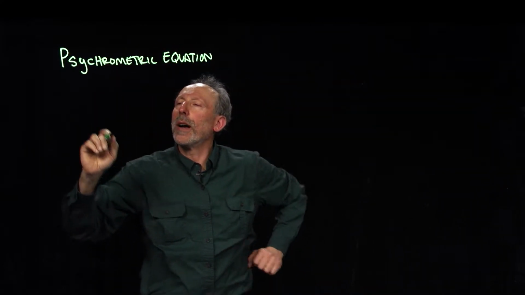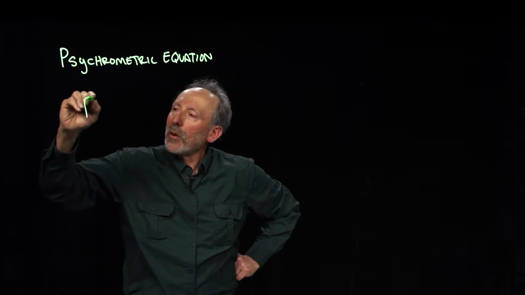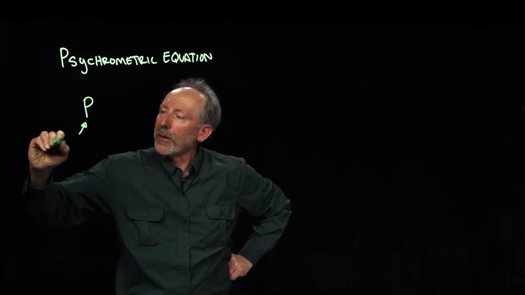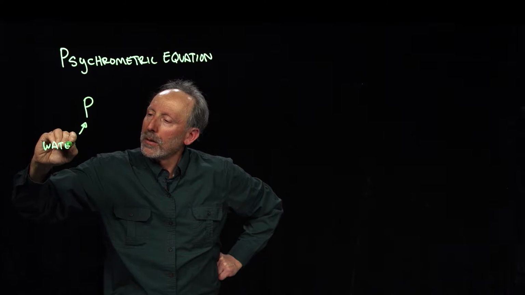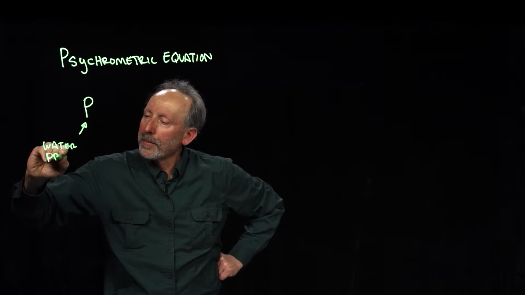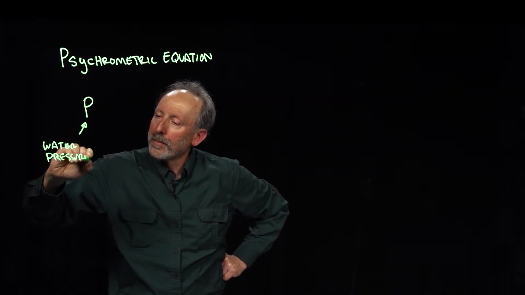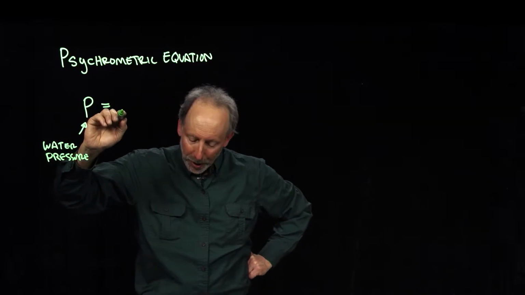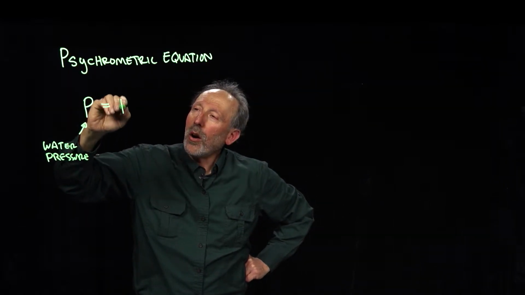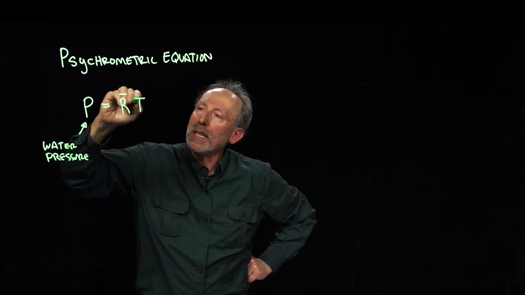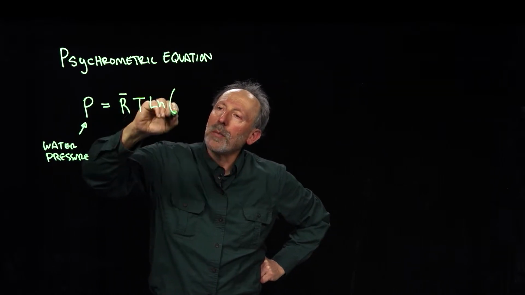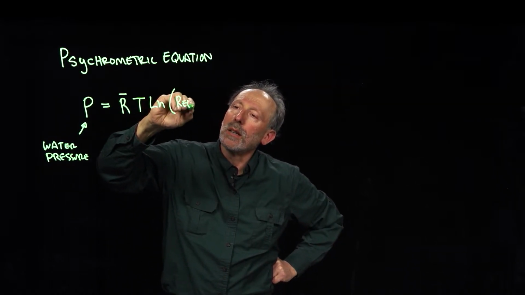And the psychrometric equation says that the pressure, and this is going to be the liquid water pressure, is going to be equal to R bar T times the logarithm of the relative humidity.